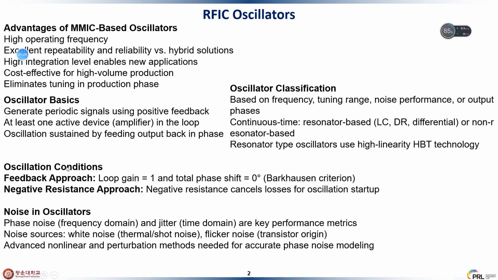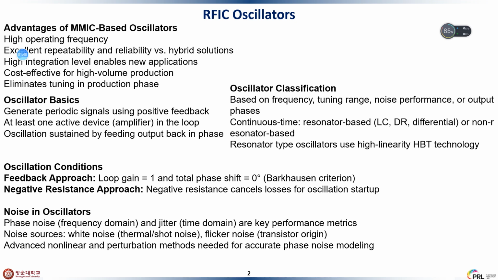And for the oscillation conditions, the feedback approach is the loop gain equals 1 and the total phase shift equals 0, and the negative resistance approach is like the negative resistance cancels losses for the oscillation and startup.